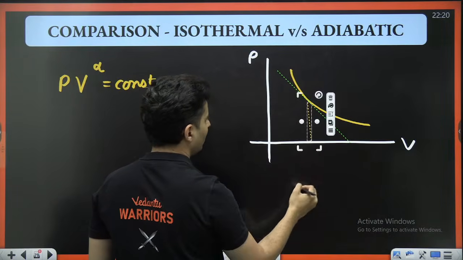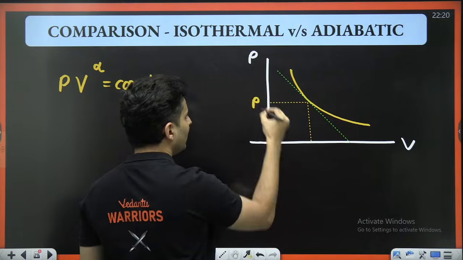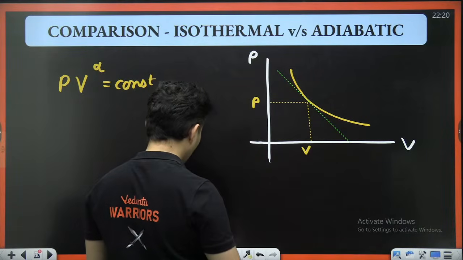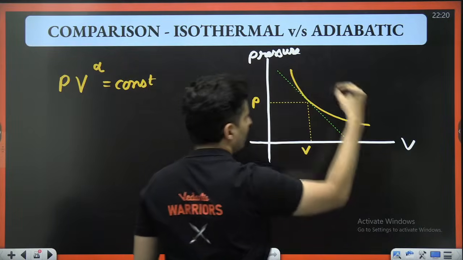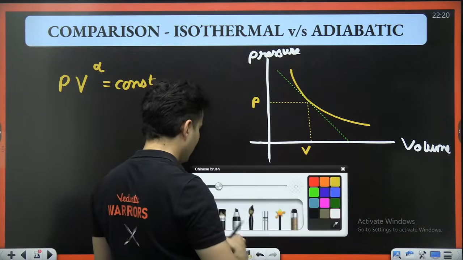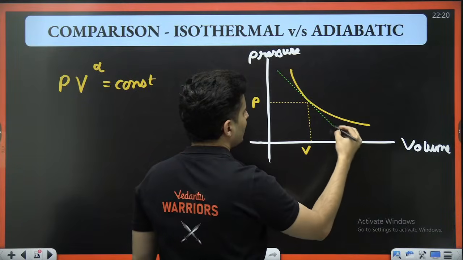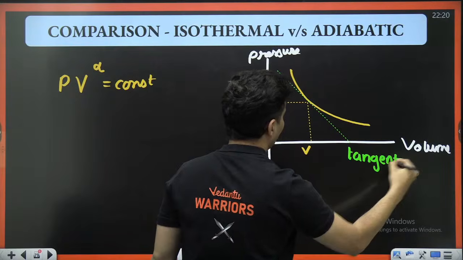And you measure the volume, you also measure the pressure. Let's say the pressure is P, let's say the volume is V. So this is the pressure versus volume graph. I have drawn a tangent over here. This tangent will have a slope.